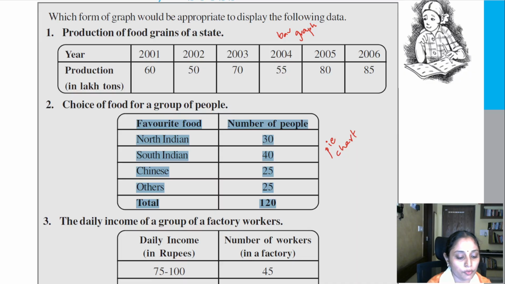Now I want the corresponding angle. So it's going to be this fraction multiplied by the total angle, which is 360. So this is 90, right? And then I have 120, 75 and 75. So this is the angle.